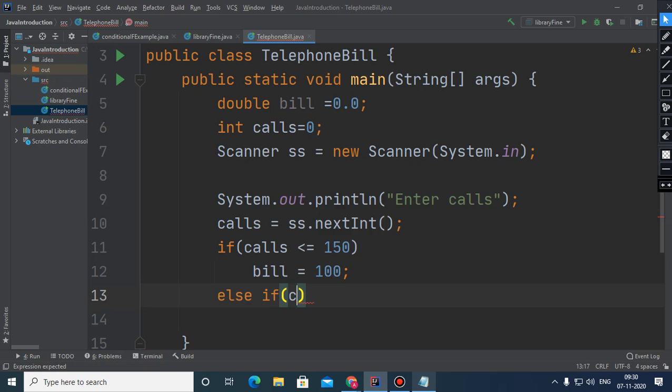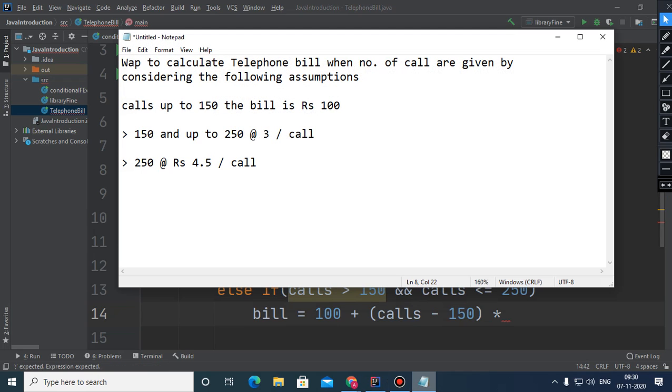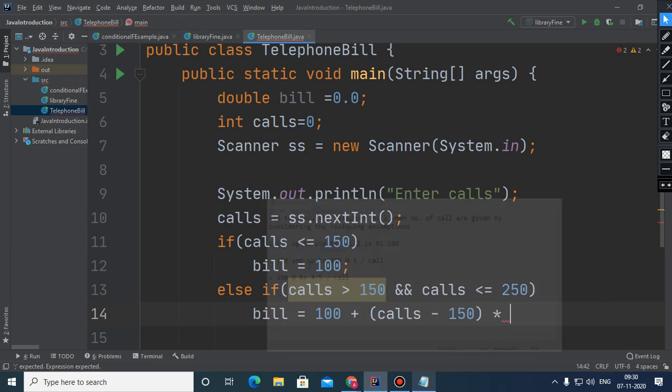Else if calls are more than 150 and calls are less than or equals to 250, what to do? The bill will be rupees 100 plus calls minus 150 into what is the rate? The rate is rupees 3 per call.